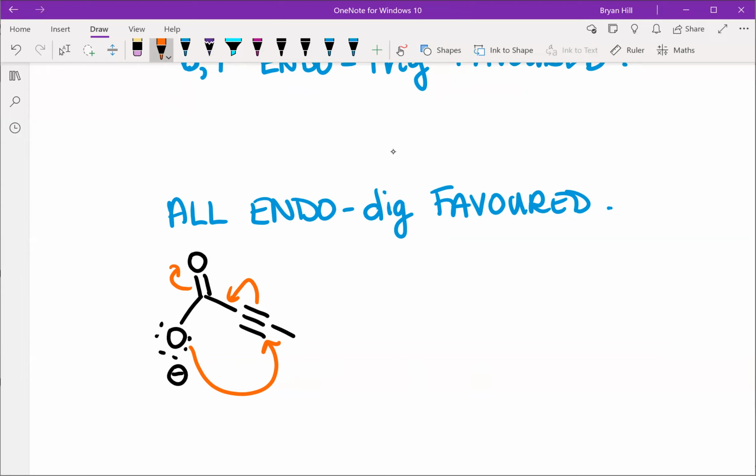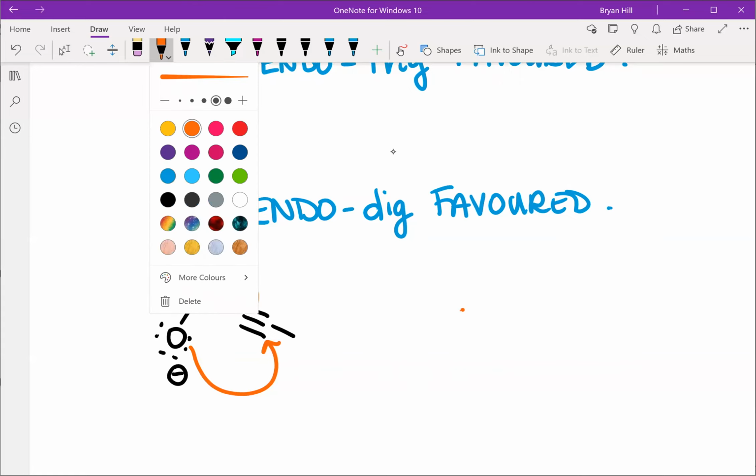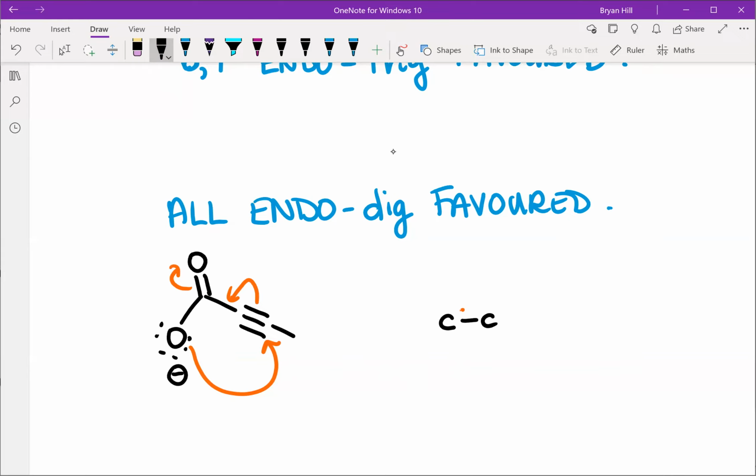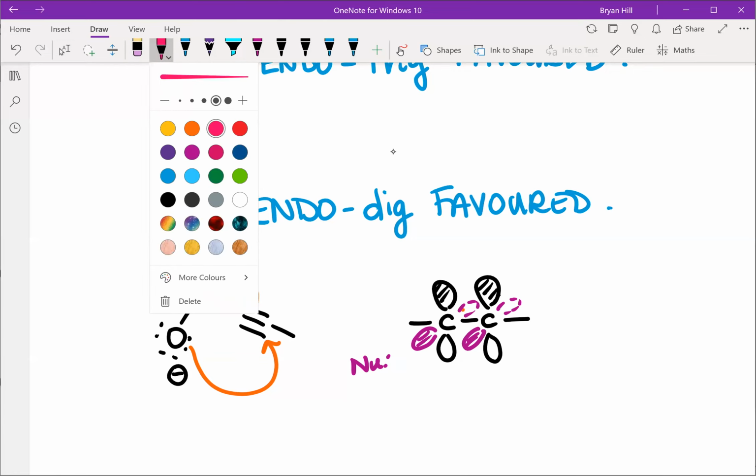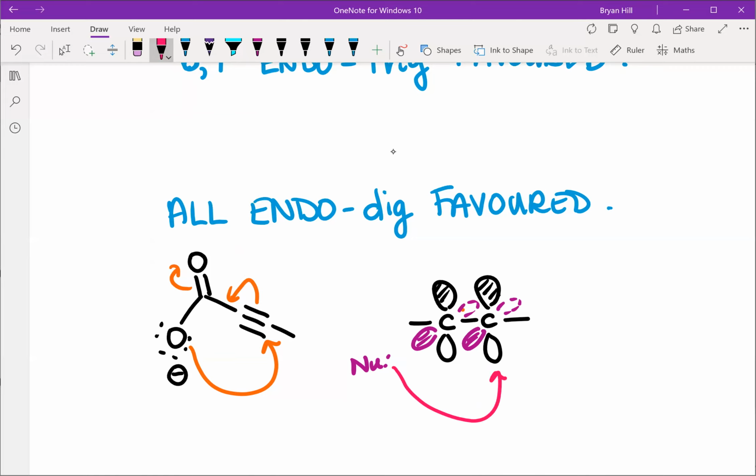because of the triple bond, the nucleophile might not have been able to reach, say, these orbitals, but they can reach, I guess I'll draw it in black and red, they might not have been able to reach those orbitals, but they can reach these ones that are pointing towards them.